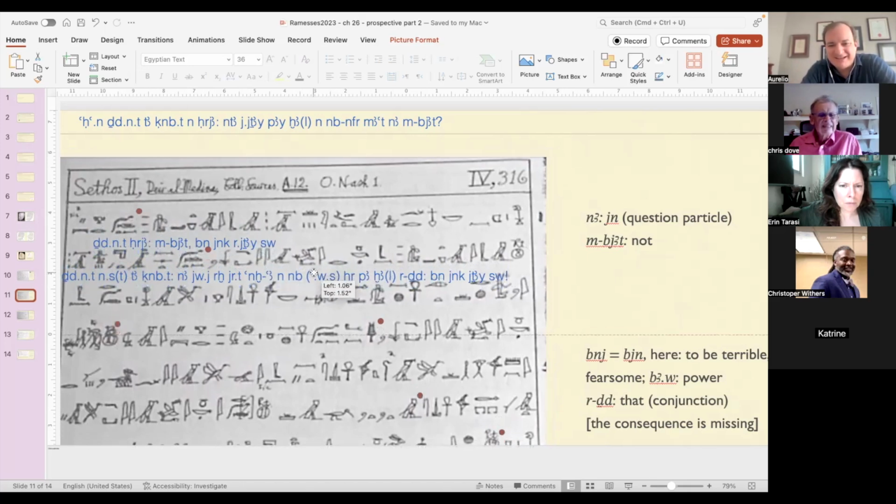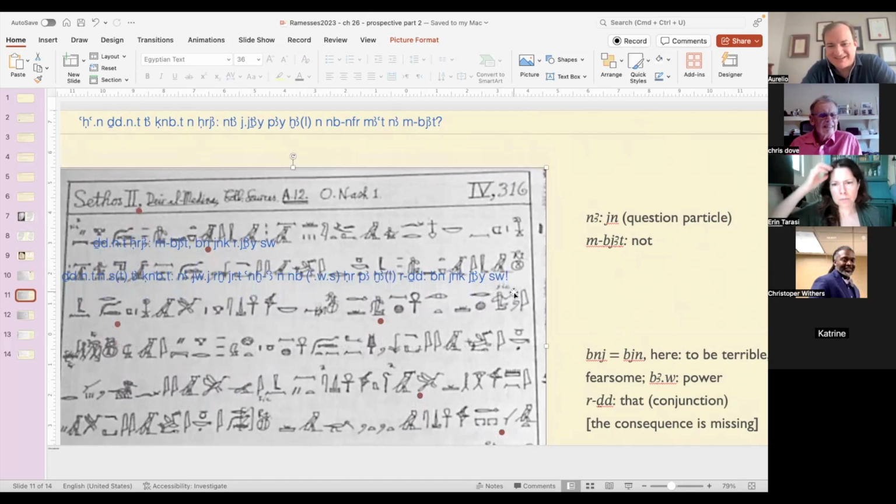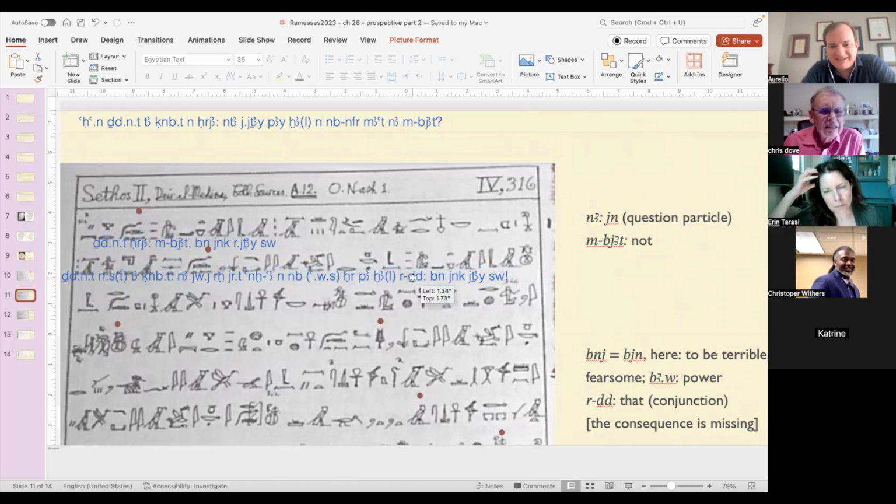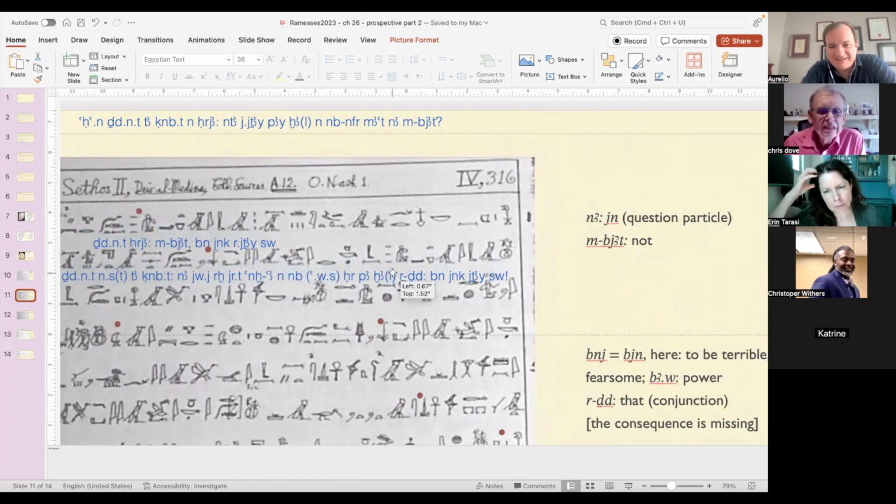tricky in here. You can see it, they put a sic in the transliteration because the scribe made a common mistake. It's a common substitution. Let me help a little bit.